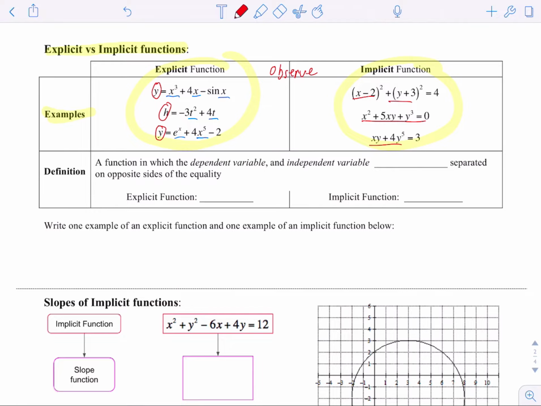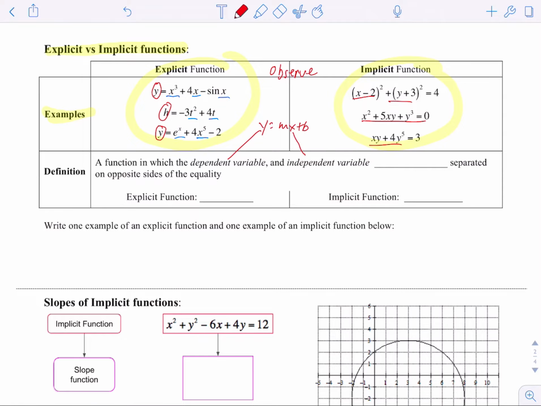A function in which the dependent variable and independent variable, so for example, when you have y equals mx plus b, that's just an equation. We usually say that y is the dependent variable and x is the independent variable.